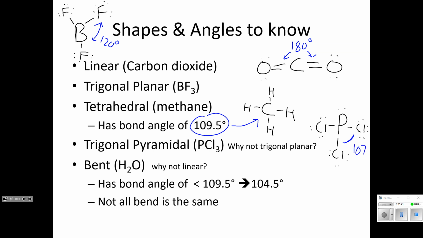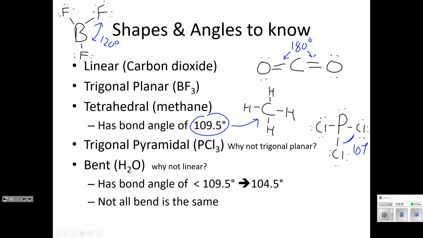So usually 107 is the more common indication for that bond angle. Again, we're asking about the angle between 2 of the bonds, not between the lone pair, but that lone pair that's not bonded supplies more repulsion.